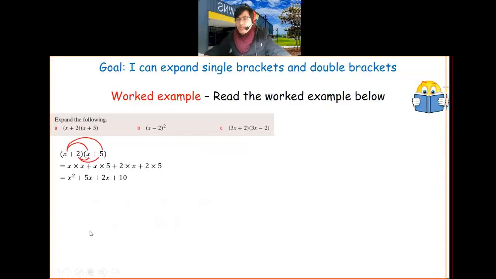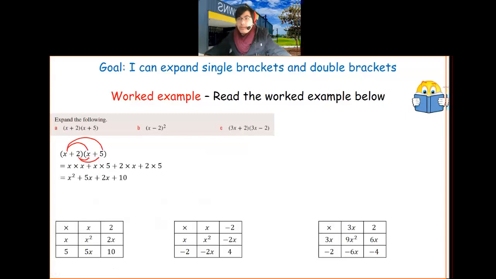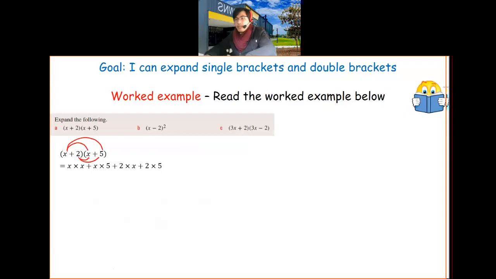And that gives us x squared plus 5x plus 2x plus 10. So combine the 5x and the 2x together, we get x squared plus 7x plus 10, okay?